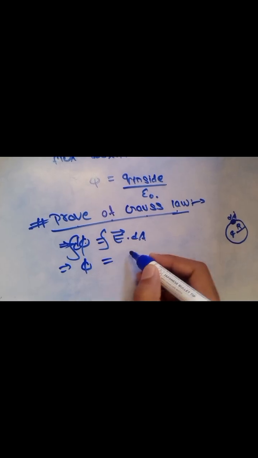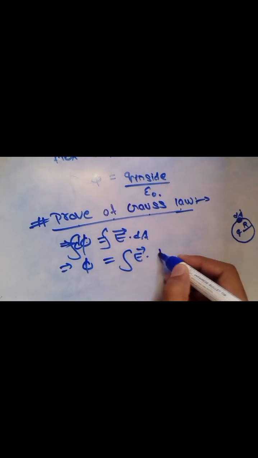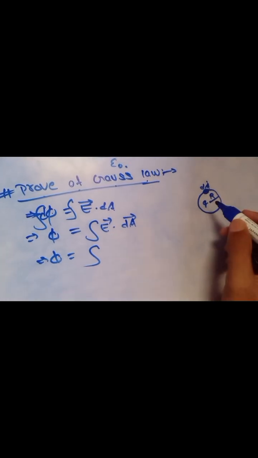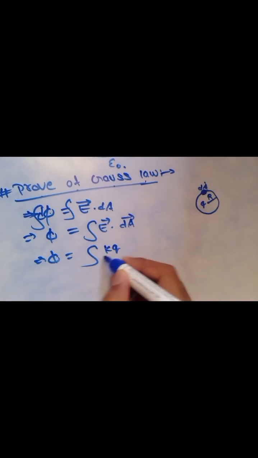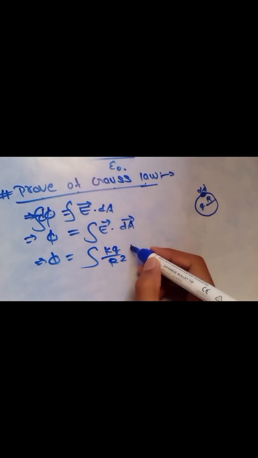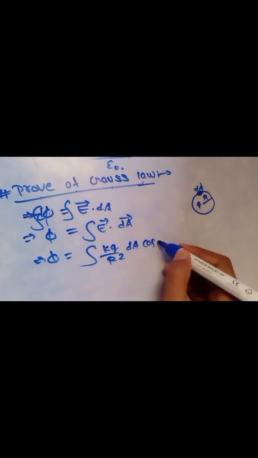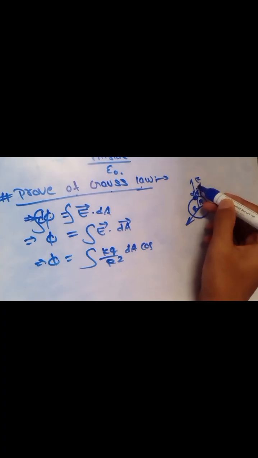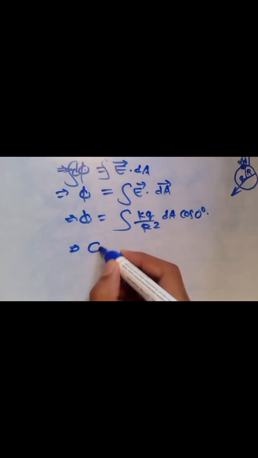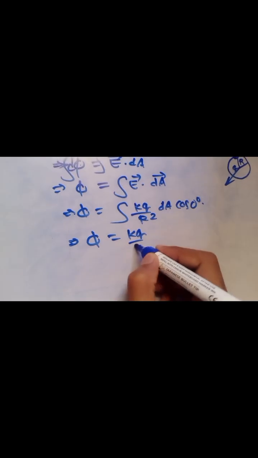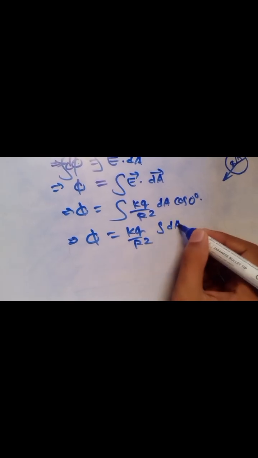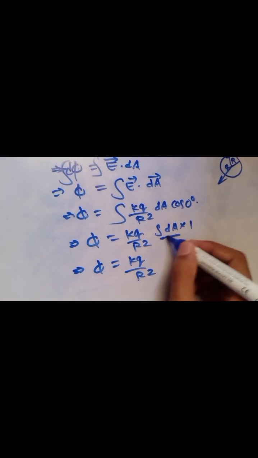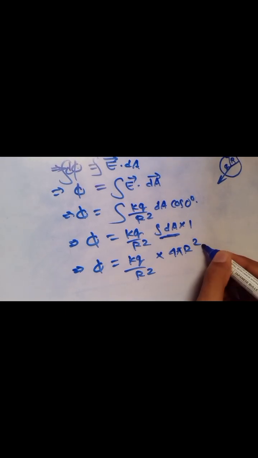Total flux equals the integration of E dot dA vector. Here the electric field is KQ divided by capital R square, times dA cos theta, where theta is the angle between the electric field and the area vector, which is 0 degrees. Flux equals KQ divided by R square times the integration of dA, which equals 4 pi capital R square.